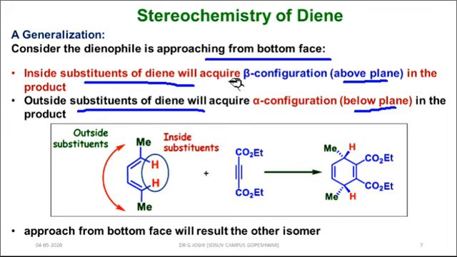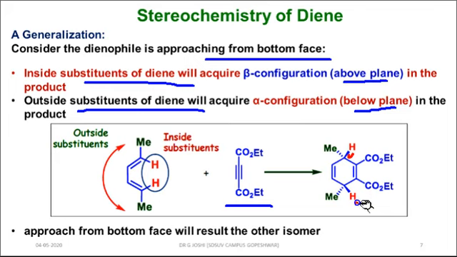According to this general rule, considering that this dienophile is approaching from the bottom face, these two inside hydrogens will acquire the above plane in the product, as shown here.